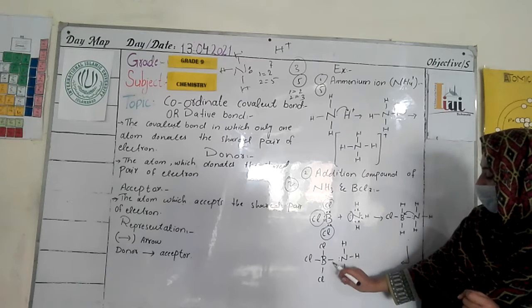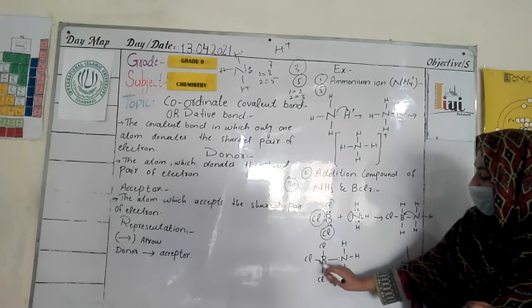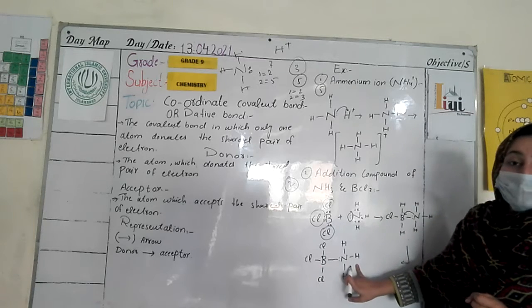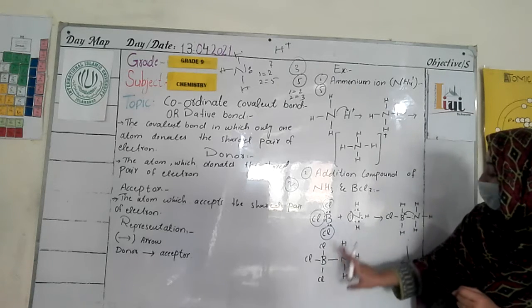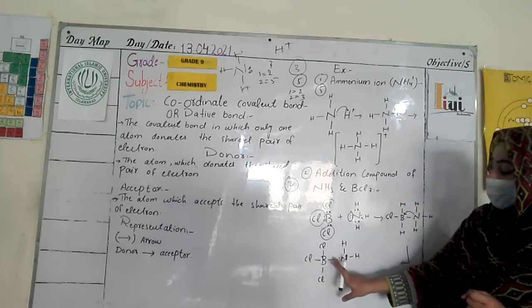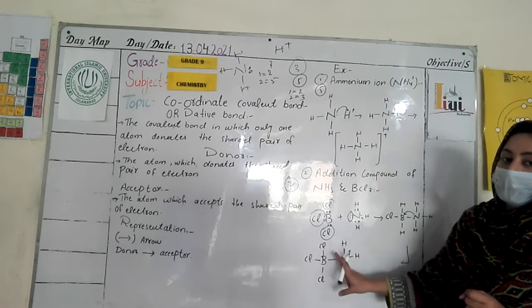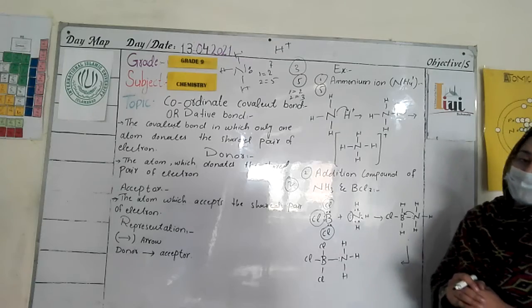Now you look over here, the bond is formed between boron trichloride and ammonia. What type of bond is this? This bond is called a coordinate covalent bond or dative covalent bond.